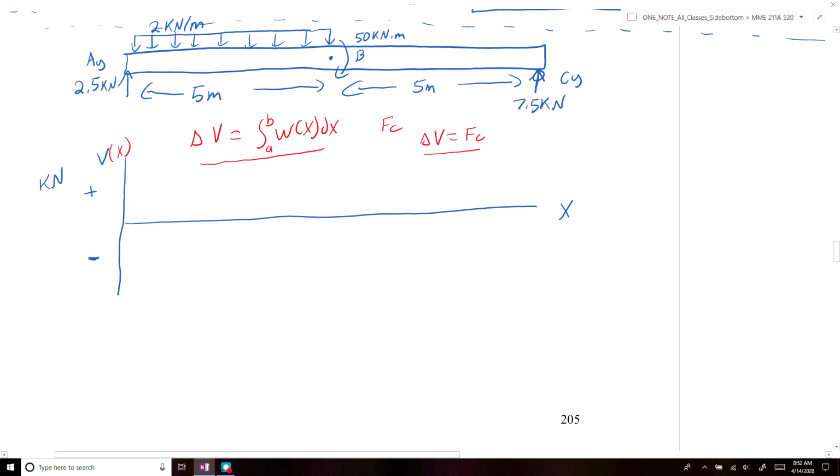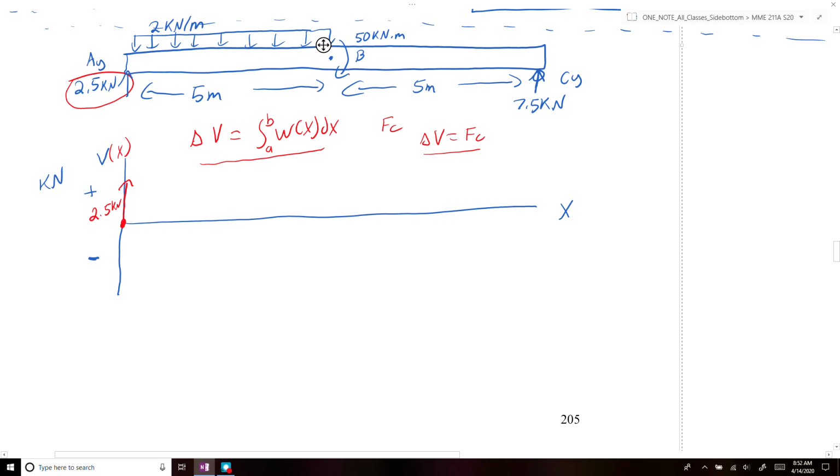At point A, we have a concentrated force of 2.5 kilonewtons, so we're just going to add that 2.5 kilonewton force here. And then from point A to point B, we have a distributed load.